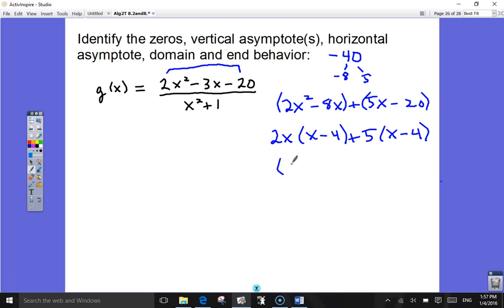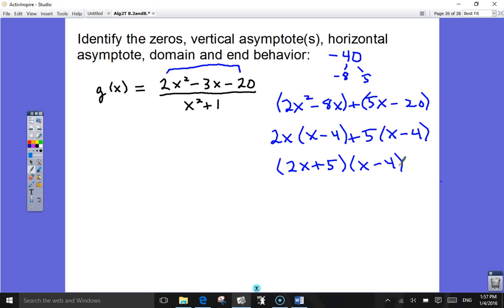And last step, 2x plus 5 times x minus 4. Most of the rest of the factorings will either be simple quadratic or greatest common factor or difference of squares. It's rare to have something much more than that, but if it is, it's something like this.